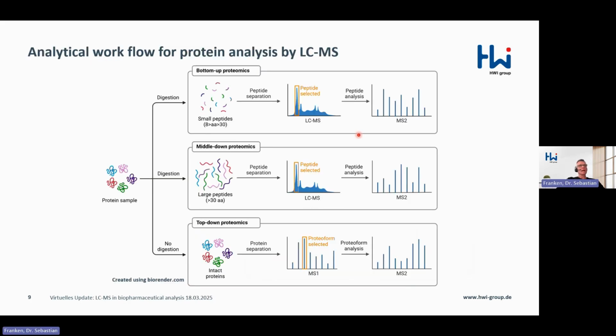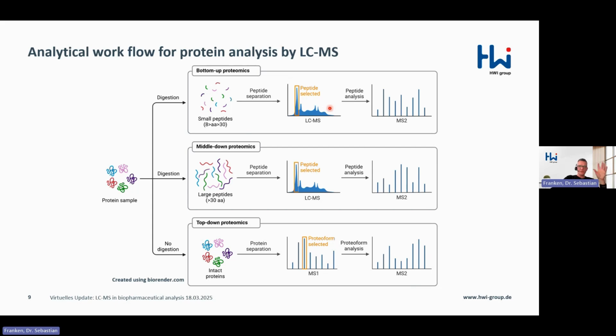Okay, so if we analyze proteins in LCMS, I'm going to focus today on proteins or protein biopharmaceuticals, then we distinguish more or less 3 different modes that we use. The first one is what we call bottom-up proteomics. So what we do is we digest the proteins of interest with an enzyme.